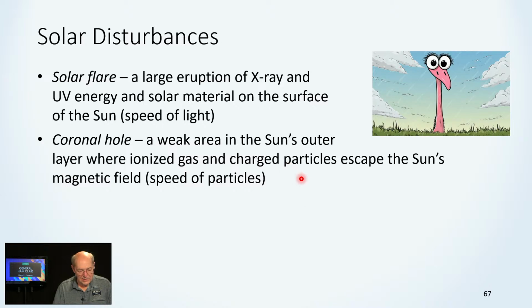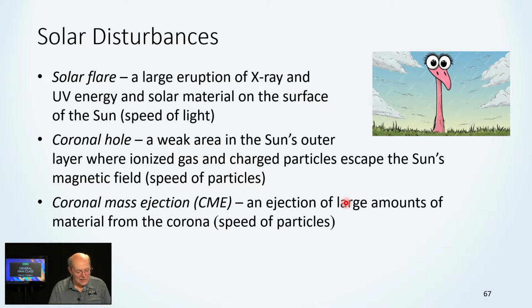Then we've got a coronal hole. It's a weak area in the sun's outer layer where ionized gas and charged particles escape the sun's magnetic field. Okay, charged particles. Particles move at the speed of particles. So we've got the speed of light, we've got the speed of particles. You're probably saying, Dave, what's all of this about?